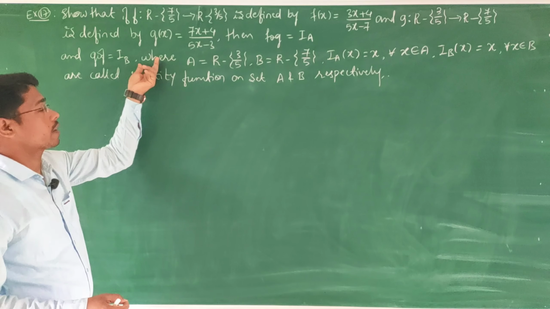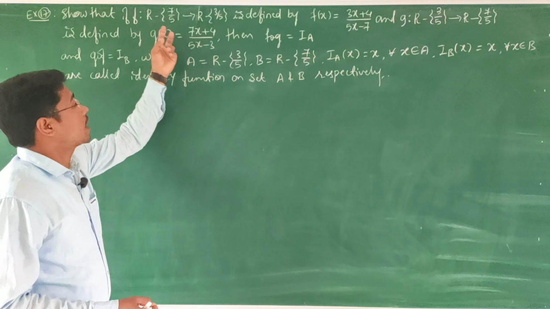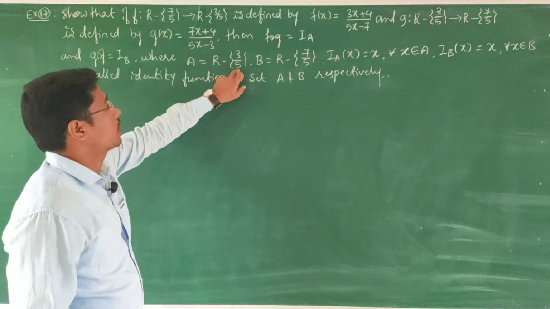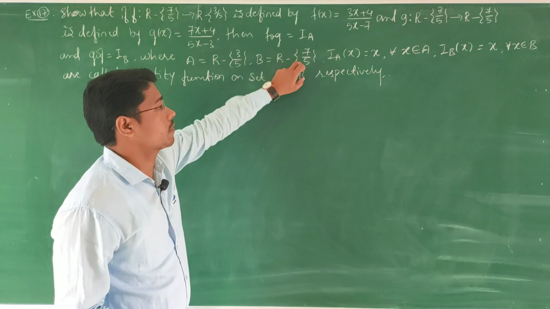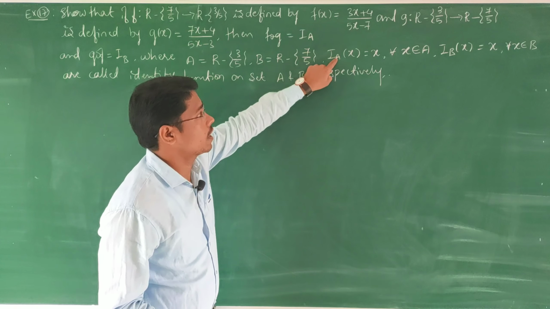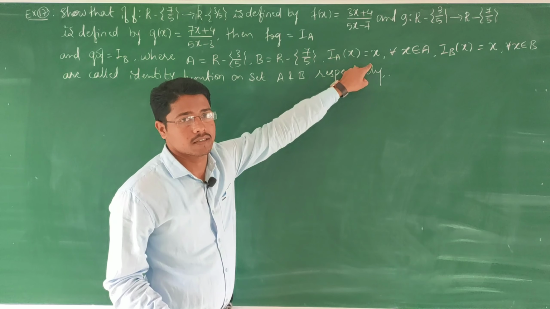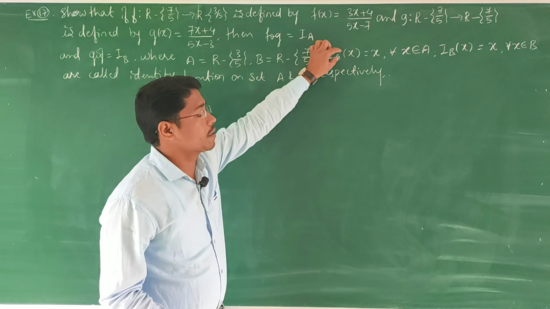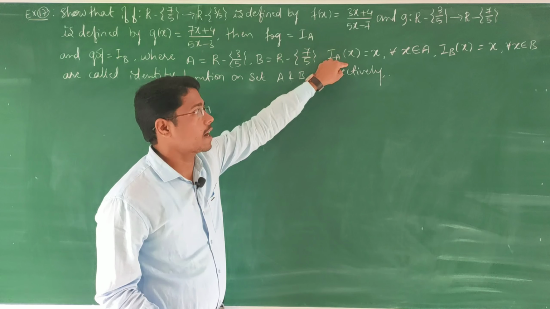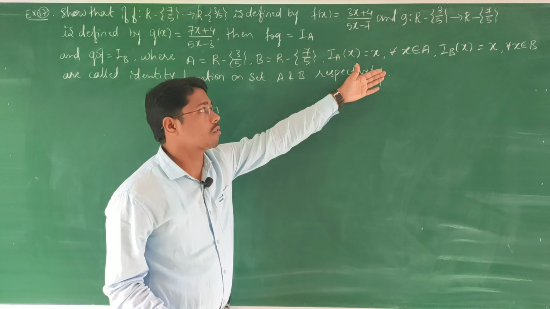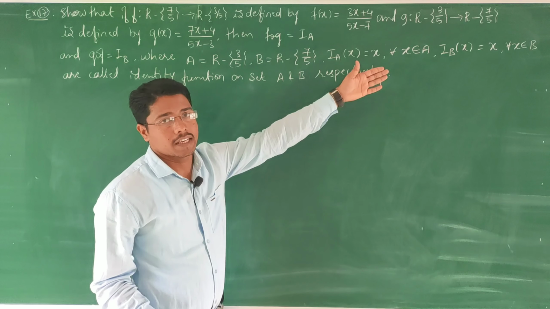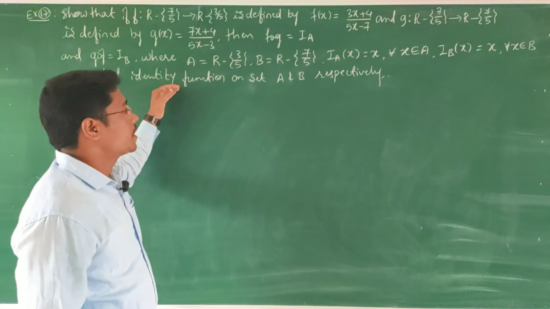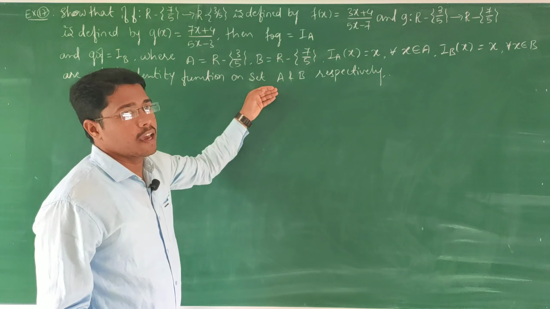See here, where A is R minus 7/5 and B is R minus 3/5. IA(x) equals x for all x belonging to A, and IB(x) equals x for all x belonging to B, are called identity functions on the sets A and B.